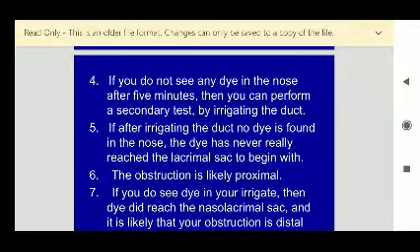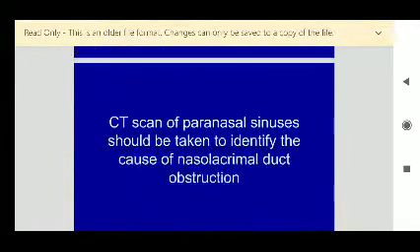If after irrigating the duct no dye is found in the nose, then the dye may never have reached the lacrimal sac to begin with. Obstruction is likely proximal. If you see the dye in your irrigate, then the dye did reach the lacrimal sac, and the obstruction is likely distal.